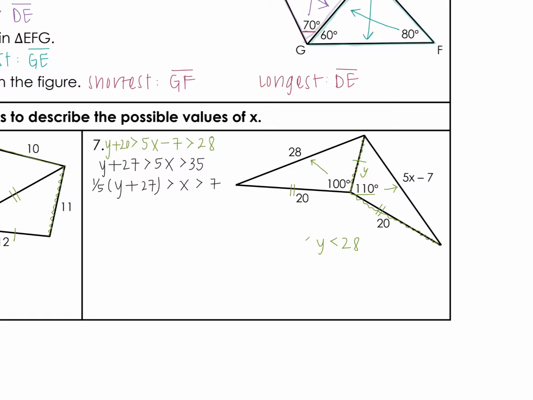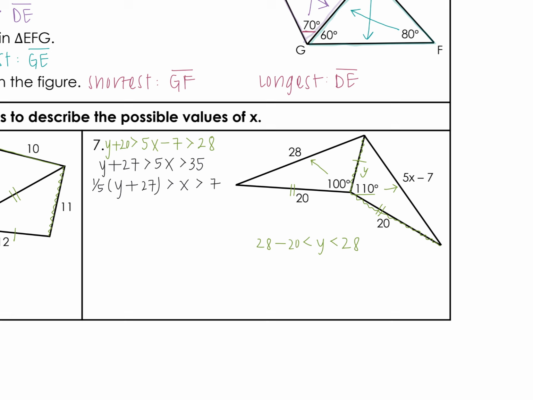But on the other side, okay, we've got to figure out what is kind of the lowest point that we could get. Well, remember, your two sides should add up to be larger than your third side. And so here, that 20 plus y, we want it to be greater than 28. Okay, so that means what I can do is I can take that 28 minus 20.